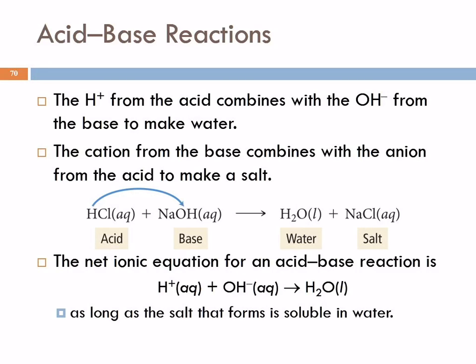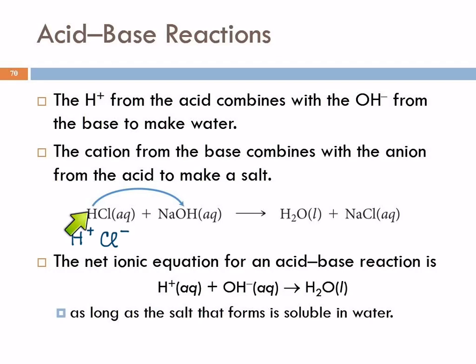So let me show you what that looks like. So let's get rid of these labels. And let's look at this in terms of it being a double replacement reaction in the sense that the precipitation reactions were.